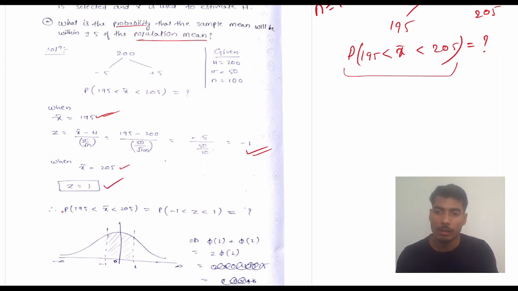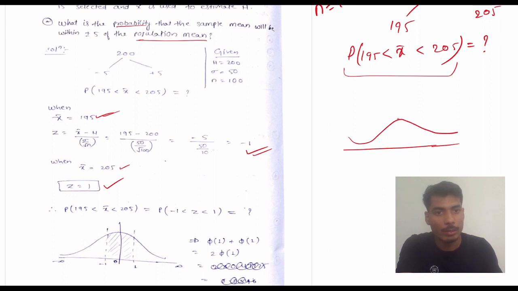So the probability of x bar less than 205 and greater than 195 becomes z less than 1 and greater than minus 1. See, this is the bell-shaped curve. z equal to 1 is somewhere here, and z equal to minus 1 is there.